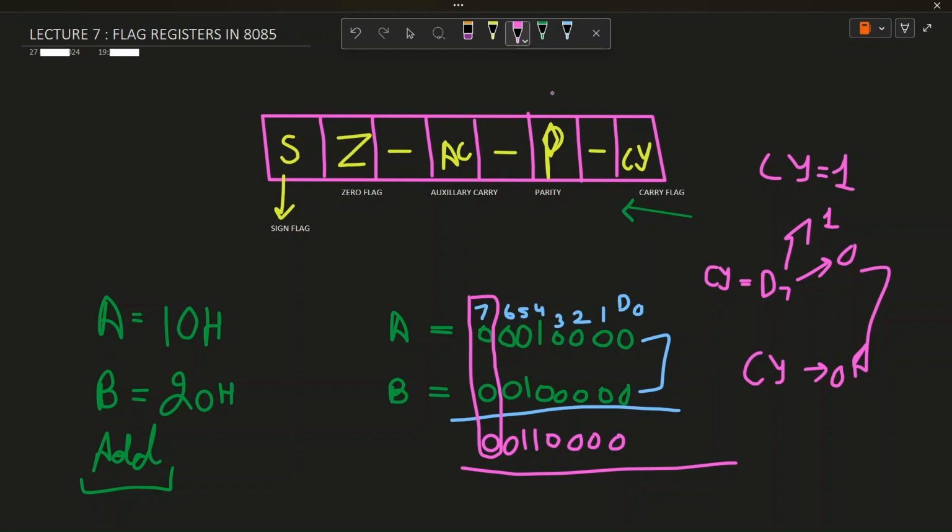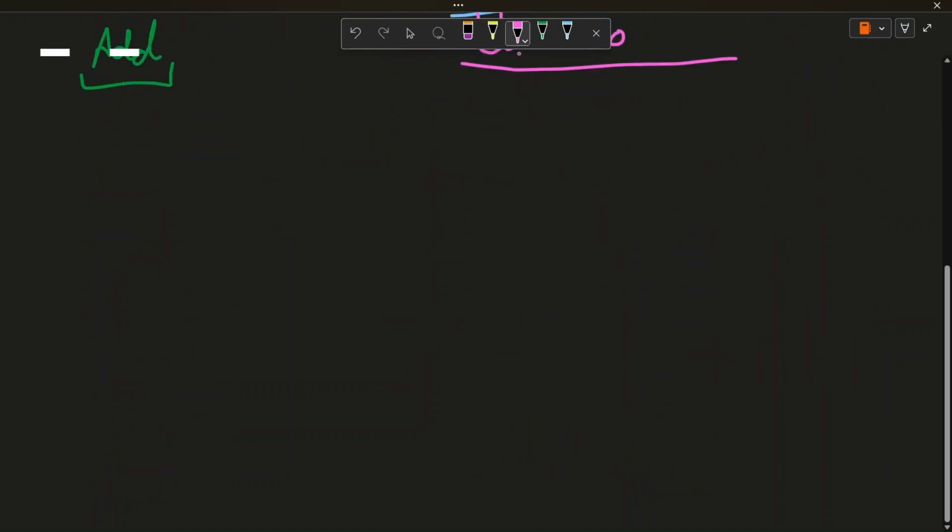Then we come to P. P is your parity flag. Now, what does this parity do?